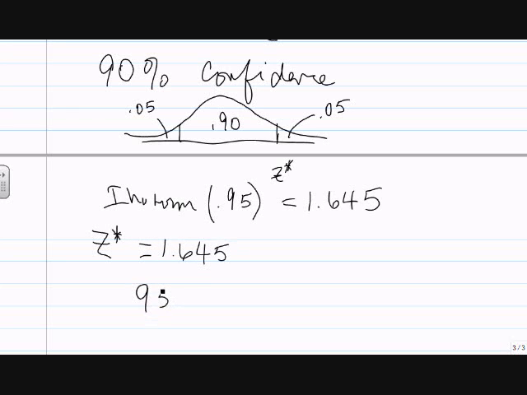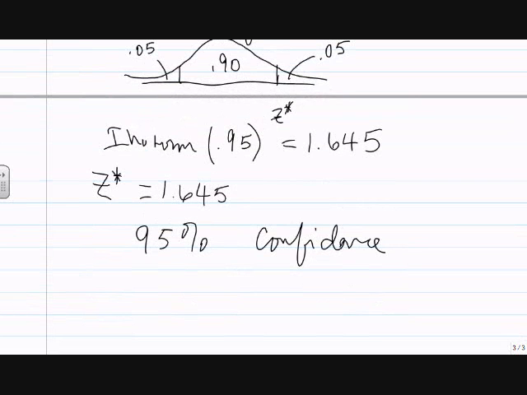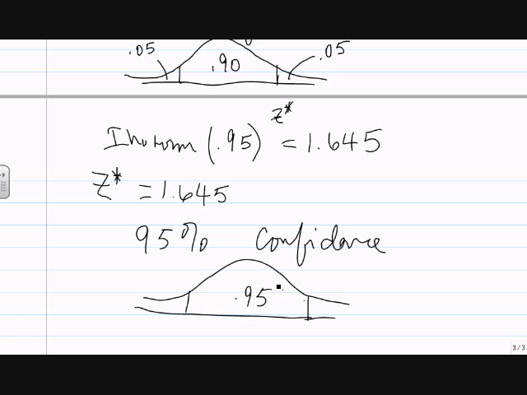Let's try a 95% confidence. We've been doing that one, so how much area do I have? Let's try to get those. There you go, that's better. All right, so what are the areas in the tails?